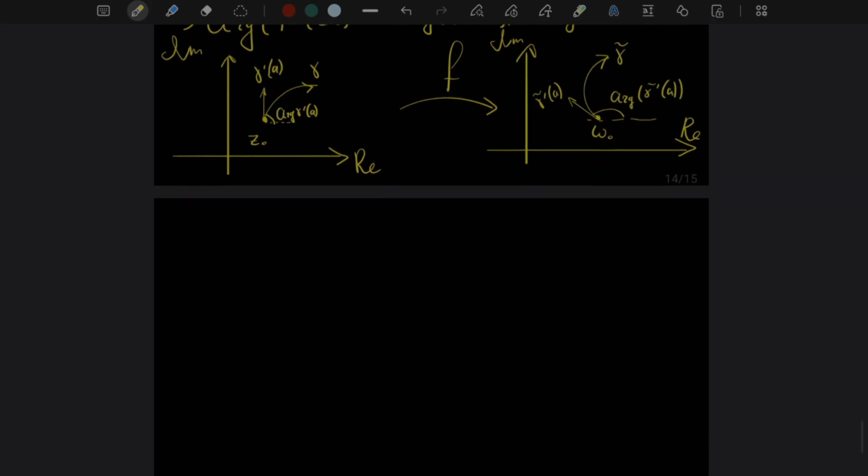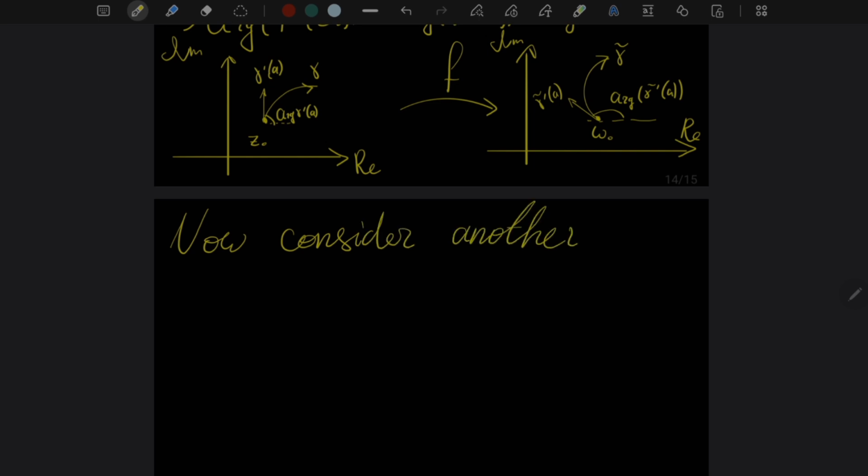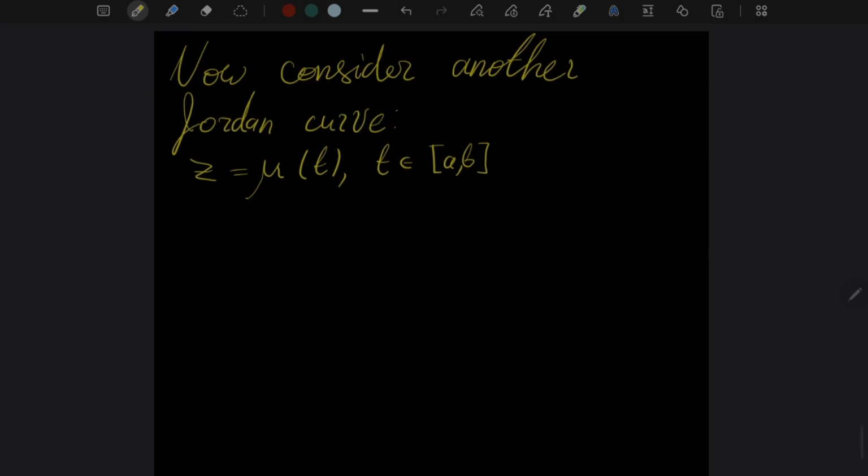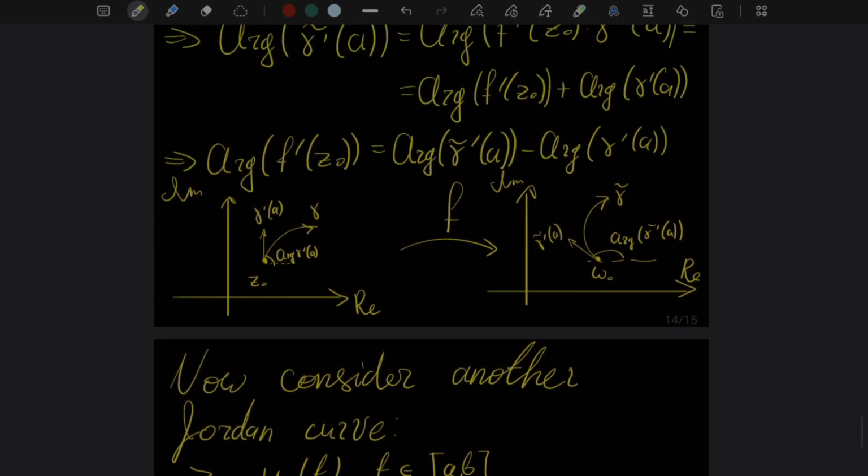But a very fancy thing happens when we consider another Jordan curve. So we get another curve, and t is yet again from the interval A and B. Now generally the equation here is the same.